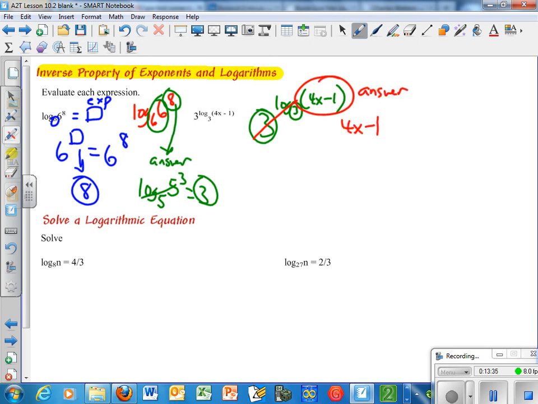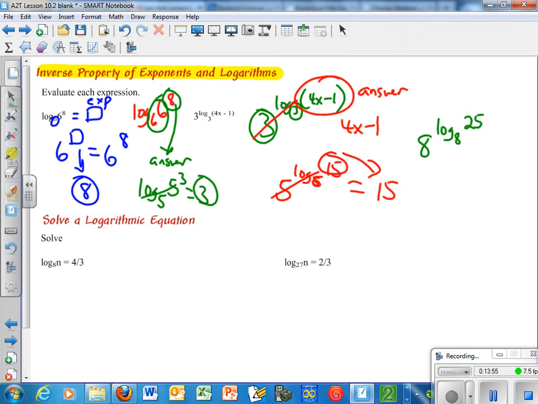To give you another example, if I have 5 to the log base 5 of 15, that cancels out, leaving me with just 15. If I have 8 to the log base 8 of 250, this cancels out. Your answer is 250. They are inverses of each other, kind of like square and square root, addition and subtraction, multiplication and division.